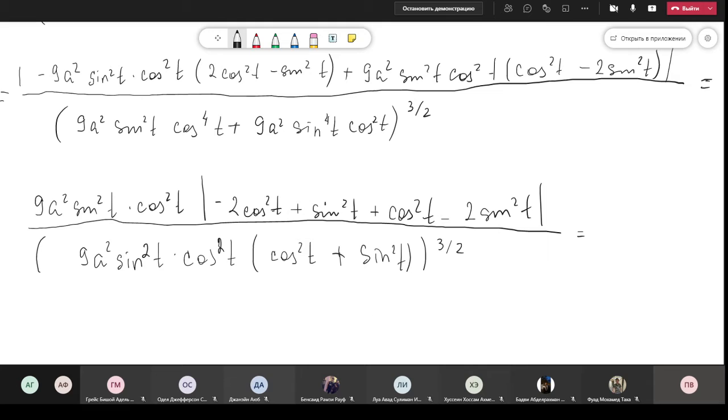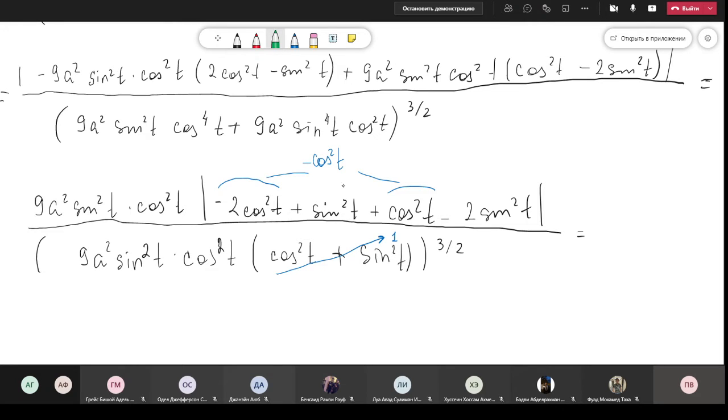Then, look, cosine squared plus sine squared in our denominator equals 1. This bracket equals 1. Then here minus 2 cosine plus cosine, this was minus cosine squared.